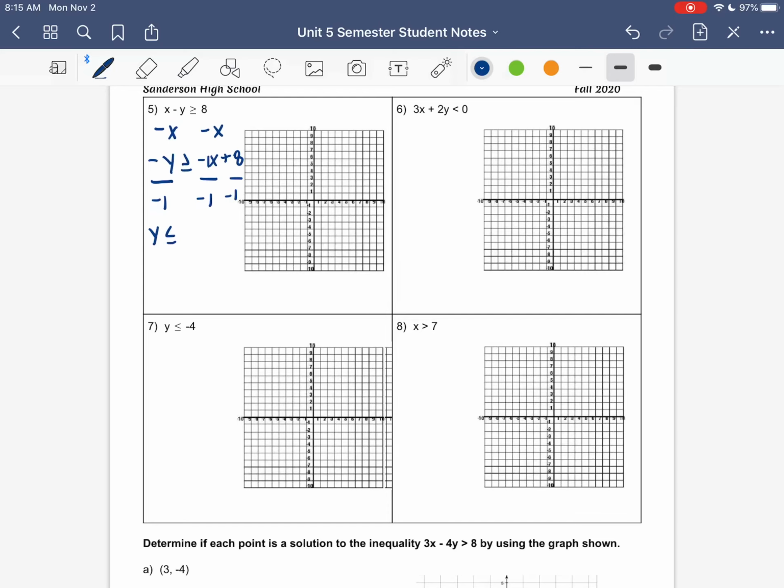Negative 1 divided by negative 1 makes a positive 1x. 8 divided by negative 1 would be negative 8. So our y-intercept is negative 8, and our slope is 1, which means we'll go up 1 over 1. And now this line should be solid because it did have the equal to piece in our symbol.